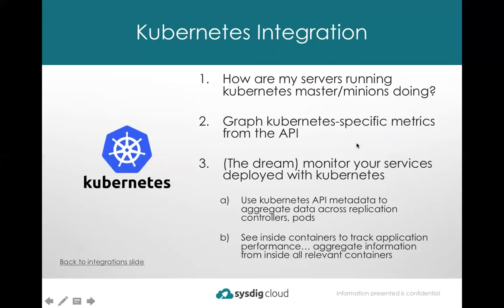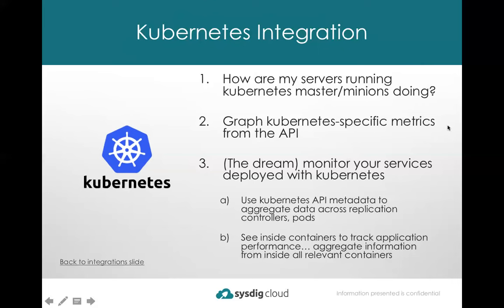So this webinar in particular is about Kubernetes. So let's talk about the Kubernetes integration in particular. You can think of this as kind of like a hierarchy of self-enlightenment. You start at number 1 here, and you ask, well, how are my servers running Kubernetes master and minions doing? Are they up? Are they down?